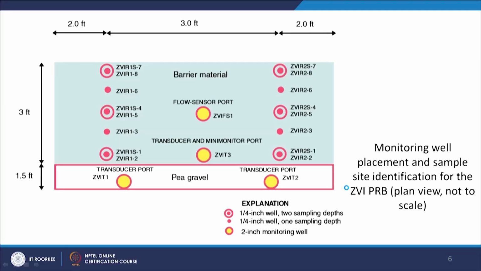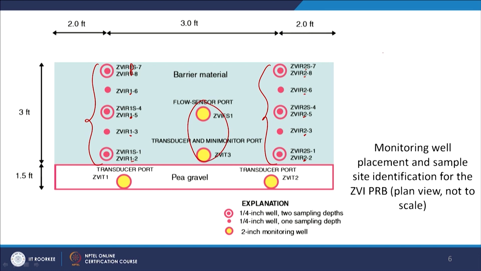Before we go further, there are 2 primary rows of monitoring wells: row 1 with the suffix 1 here, and the second row out here with the suffix 2. And then one particular system out here, but this is something we are not going to discuss in detail.